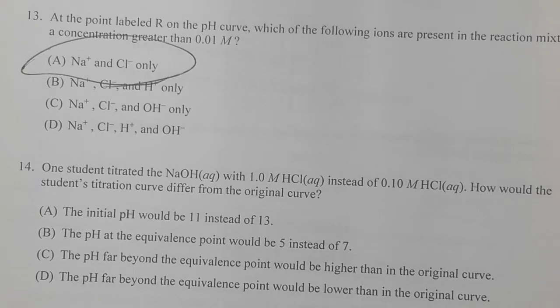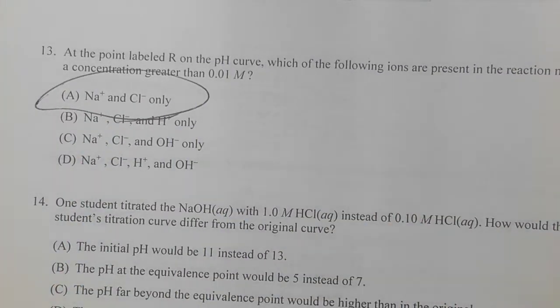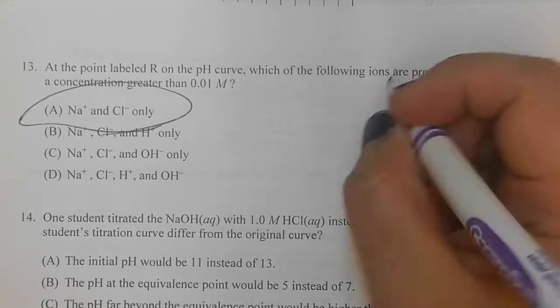Yes and no. Because let's say I'm going to be playing devil's advocate right now. Let's say instead of NaOH and HCl, I give you something like CuOH or whatever, one of the weaker ones.